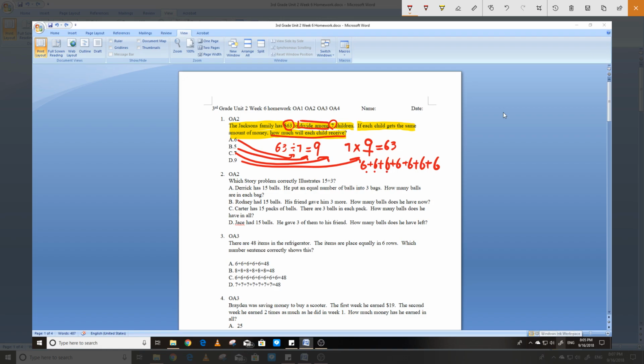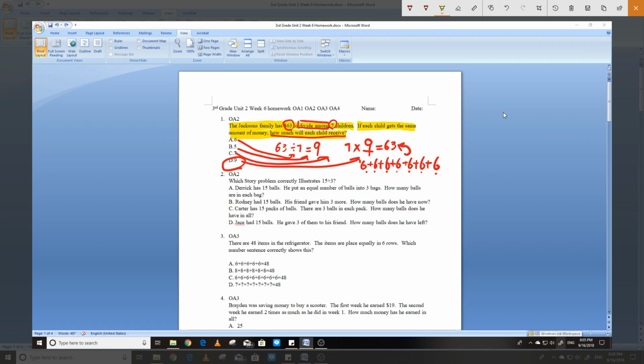That's 1, 2, 3, 4, 5, 6, 7. If you add it 7 times and you get 63, then 6 is the correct answer. If you add 5 7 times, you get 63, then 5 is the correct answer. You will eventually find out that the only answer that makes sense when you add is 9. And that's why D is the correct answer.